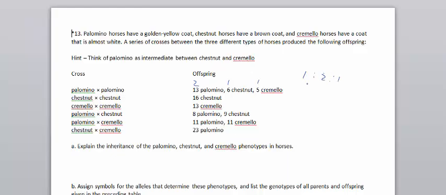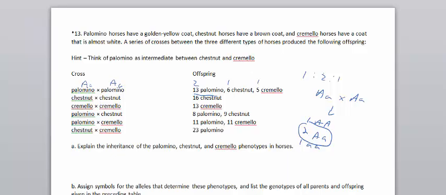ratio. If it's a 1 to 2 to 1 ratio, then that means we get 1 of these guys to 2 of these guys and 1 of these guys. And so our heterozygotes are the 2. So our heterozygotes are the palominos.